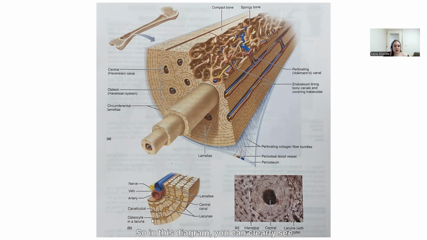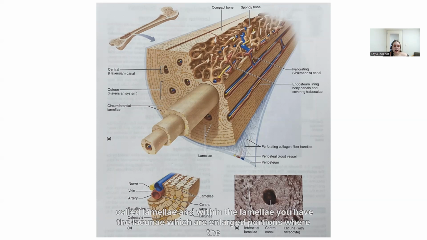So in this diagram, you can clearly see you have these circles or rings around what is called the central canal. So while this is not enclosed, you can see clearly here the central canal will be enclosed, and then you have the rings around it. So these rings are called lamellae. And within the lamellae, you have the lacunae, which are enlarged portions where the actual osteocyte or the bone cells will lie.